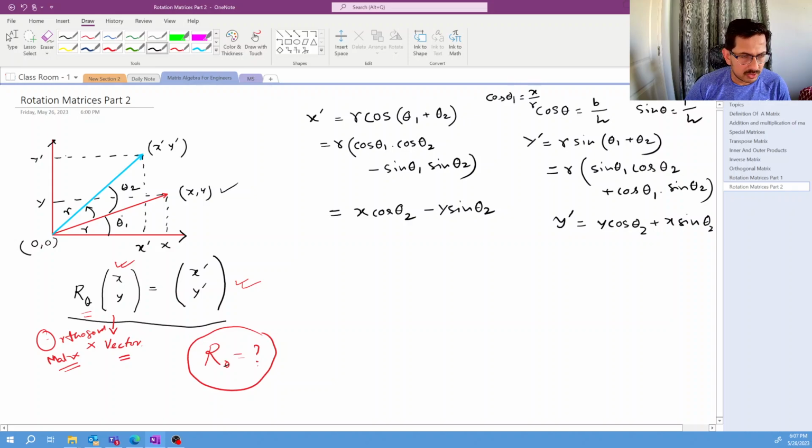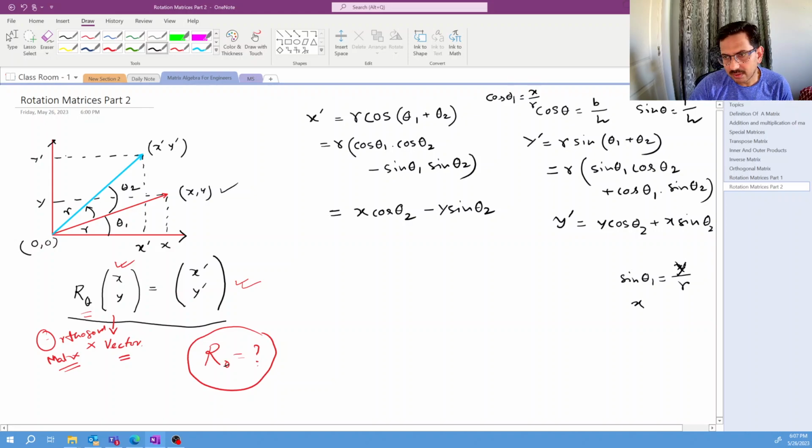Let's see. So sine theta 1 is here, let me write it down. Sine theta 1 is perpendicular, which is my x, by hypotenuse, by r. Sorry, perpendicular, right?